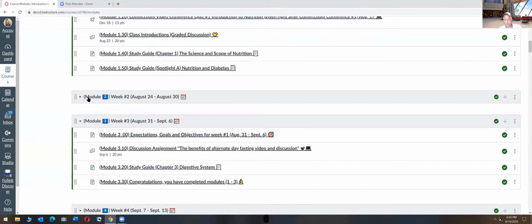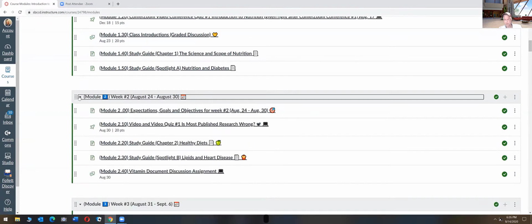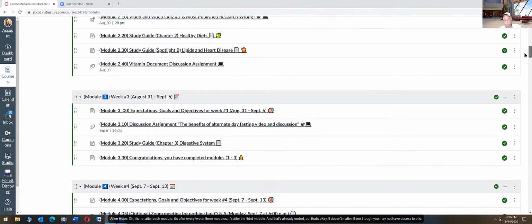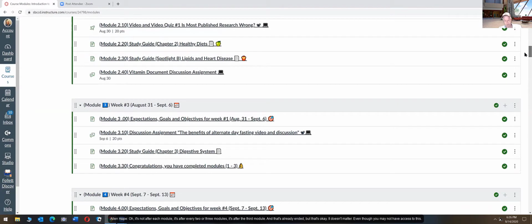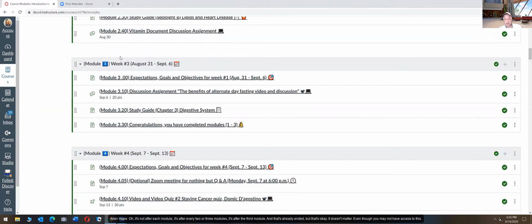It should be showing more than this. For some reason it's not. Oh, there we go. Oh, it's not after each module. It's after every 2 or 3 modules. It's after the 3rd module, and that's already ended, but that's okay. It doesn't matter. Even though you may not have access to this, you can still enter it.